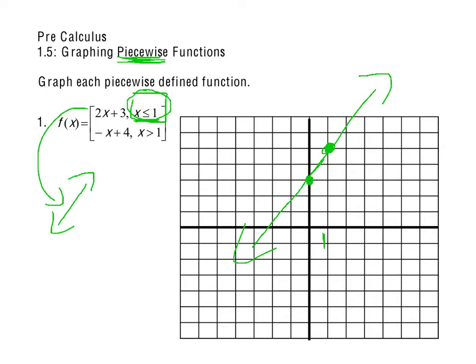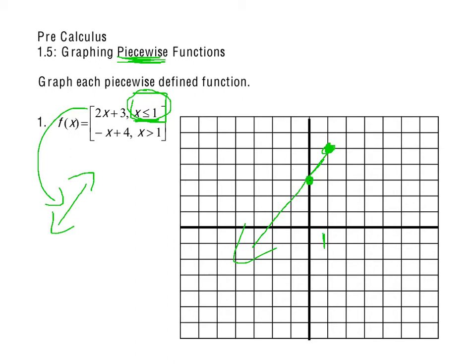It's equal to it, so I'm going to leave it as closed. I'm only graphing where x is less than or equal to 1, so I'm going to erase everything to the right of x equals 1. And that's the graph.